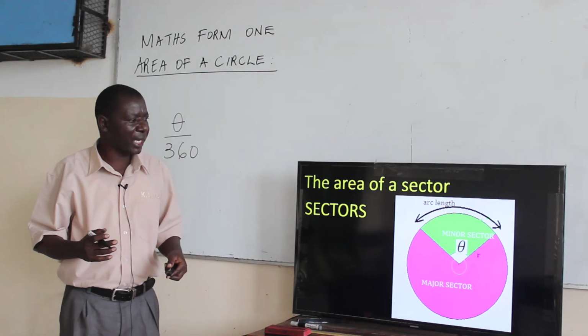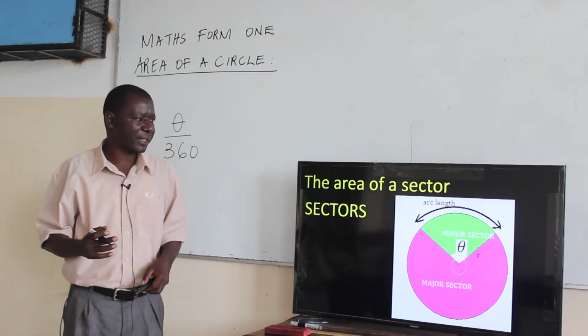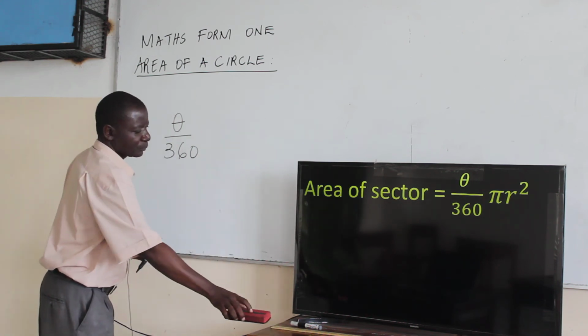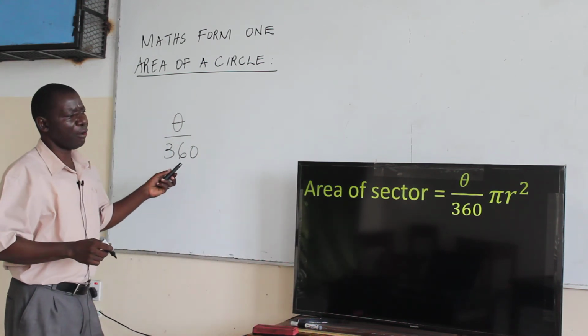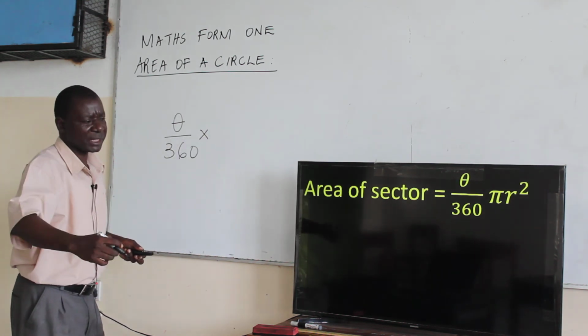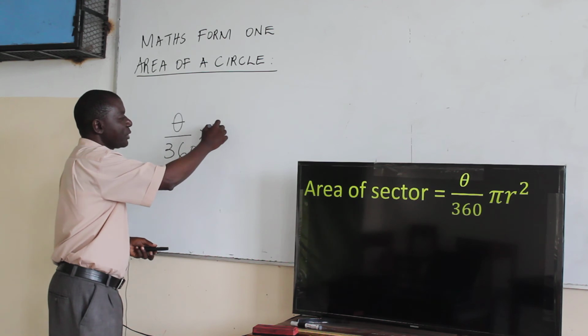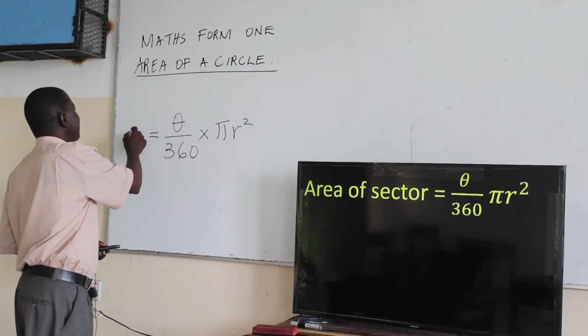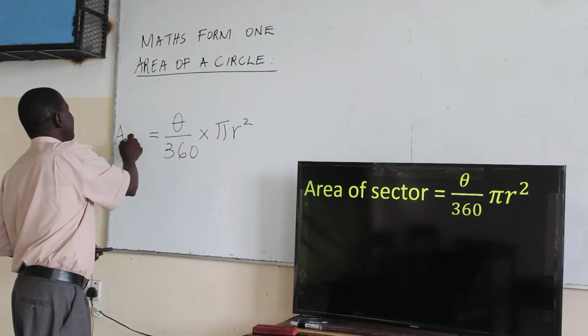And we can therefore get the area of a sector. The area of a sector will be given by this fraction of a circle multiplied by the whole area of that circle, which is pi r squared. So this will give us the area of a sector.